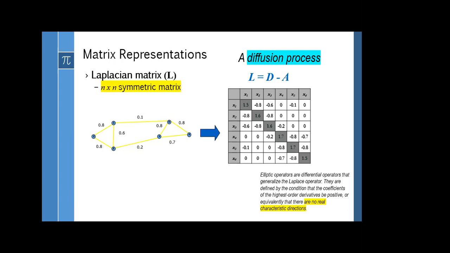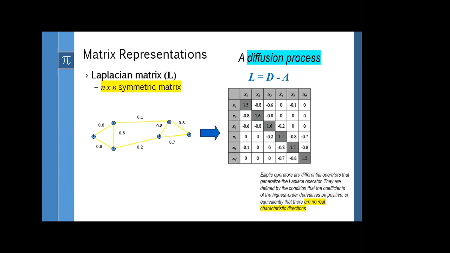Elliptic operator, elliptic equation, elliptic differential equation: it's a diffusion equation. The leading coefficients in the diffusion equation should be positive, which means that there is no particular direction. There is no bias.